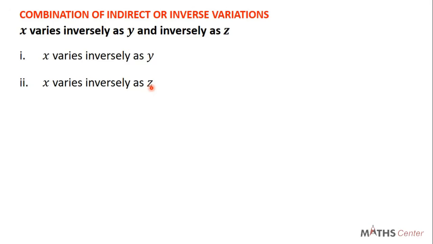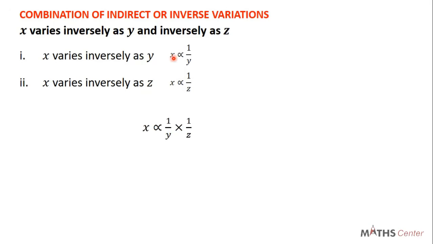From the videos on inverse or indirect variations, we learned that if x varies inversely as y, it's written as x is proportional to 1 divided by y. If x varies inversely as z, it's written as x is proportional to 1 divided by z. Now, since this is a joint variation, we are going to join these two variations together.